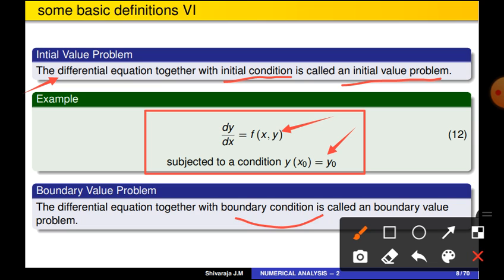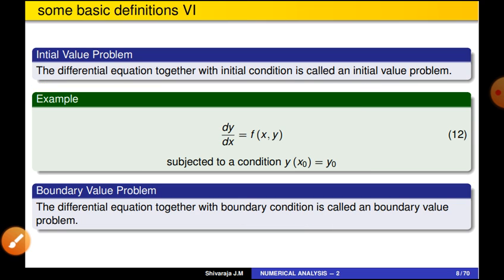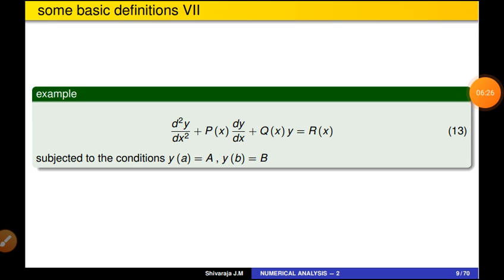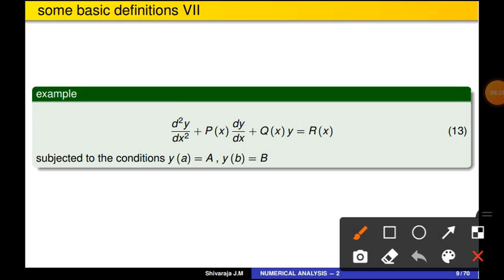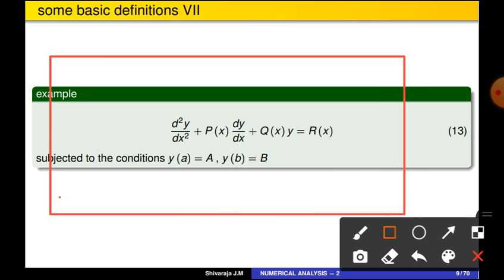This is an example of a boundary value problem: d square y by dx square plus p of x dy by dx plus q of x y equals r of x, with the boundary conditions y of a equals alpha and y of b equals beta. So these are some basic definitions.